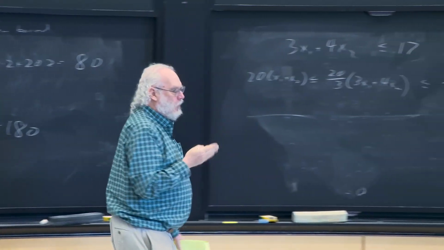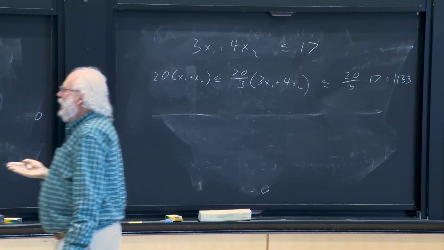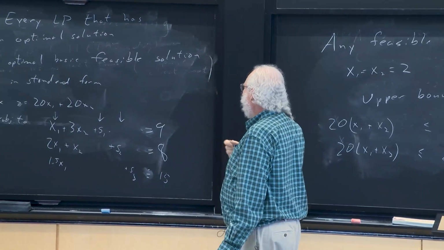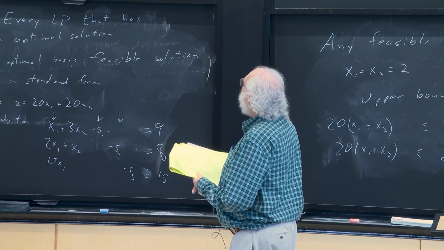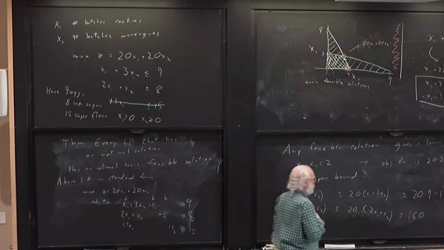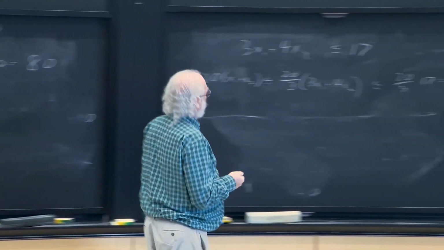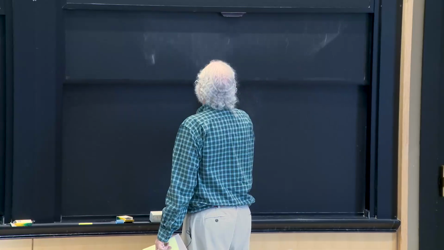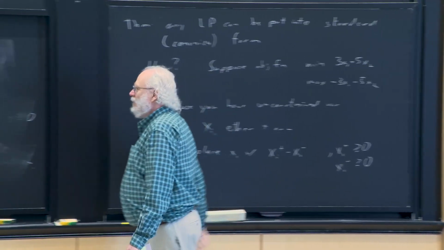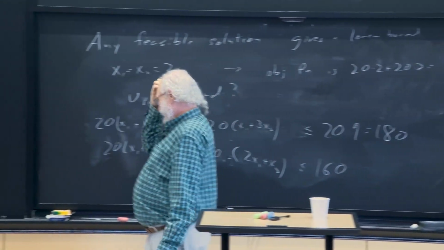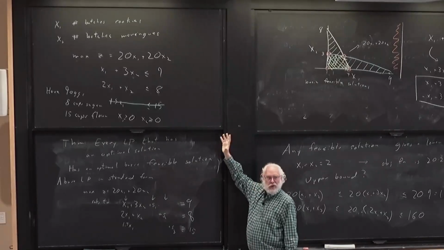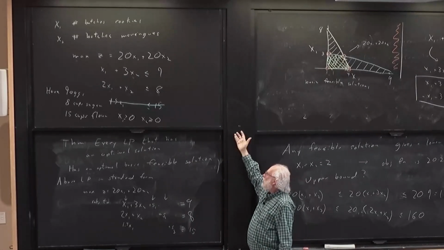OK, so I want to go about this more systematically so we can find the dual linear program. Every linear program has a dual linear program, and we want to do this. The way we will do this is we will assume that the linear program is in canonical form for the time being.